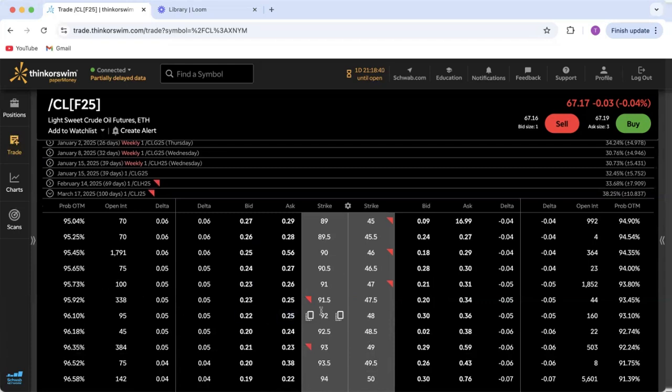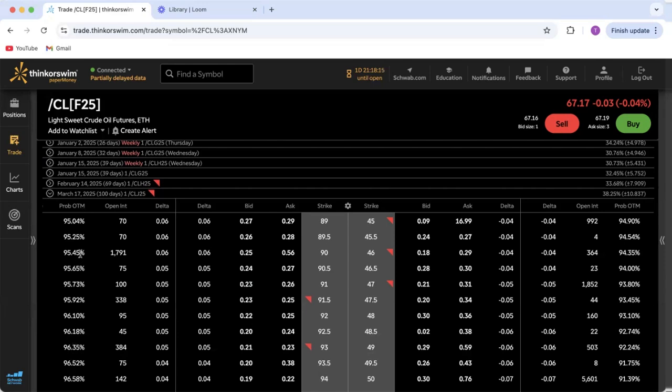So if I look at this, say this 91.5 strike price, do you see that? And I slide all the way out to the left, it's showing this number 95.92%. All right, and this column is probability that this option is going to be out of the money, OTM, at expiration, prob OTM.